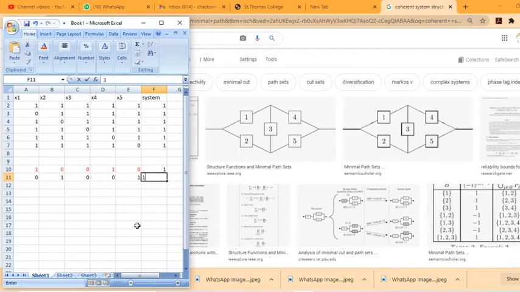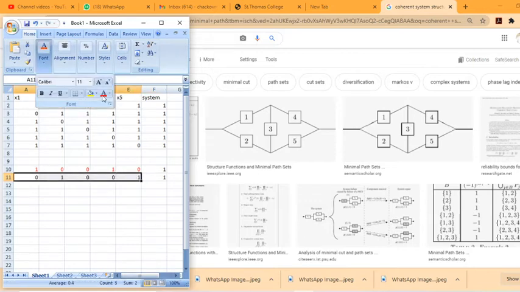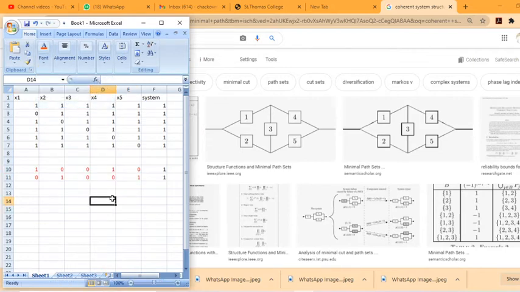Then also the system is functioning. So this is also a path vector, and these two vectors are path vectors.